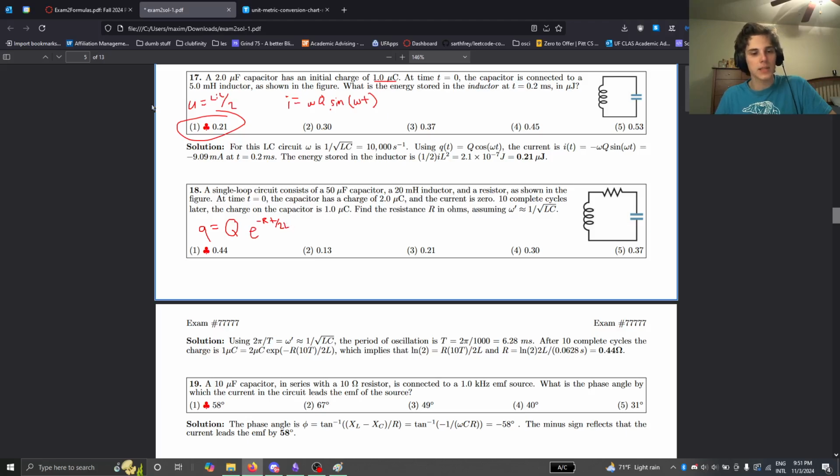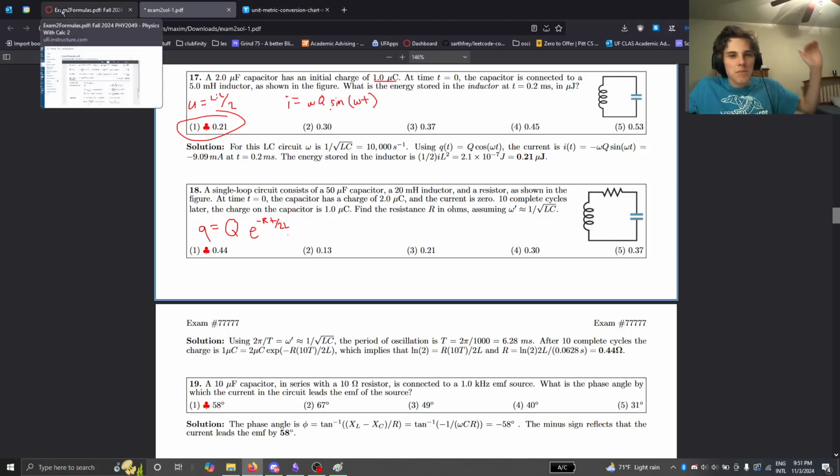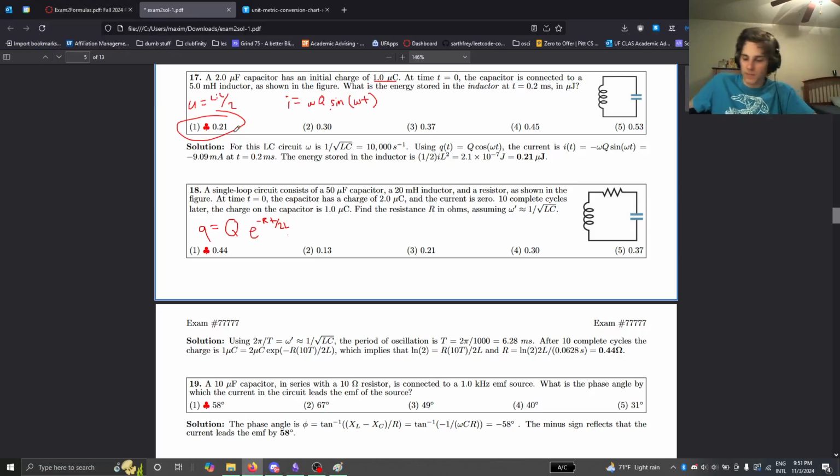Now we do have this cosine term, but note that at time equals 0 and at 10 complete cycles, those always represent a complete cycle, where the charge is maximized. So the cosine term represents in between those full cycles, where the charge is below its maximum and some of the energy is transferred to the inductor. Since we're always just talking about max charges, we don't have to worry about the cosine term diminishing that initial Q.